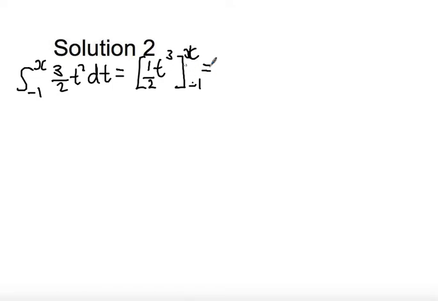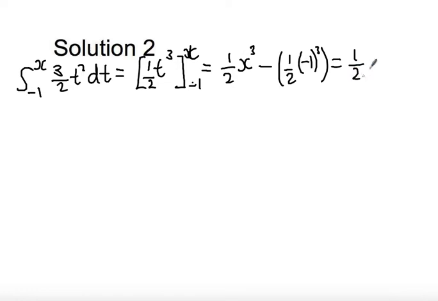And so I substitute in x first of all, and I get half x cubed. And then I substitute in and subtract half times -1 cubed. And when we tidy this up, we get left with half x cubed, minus a half times minus 1, so plus 1/2.